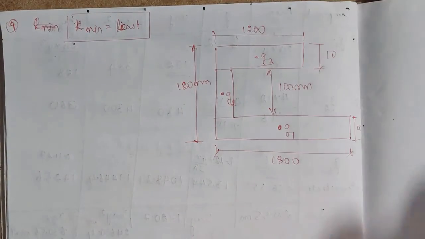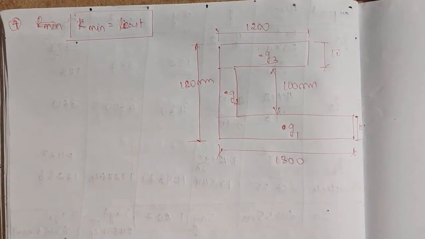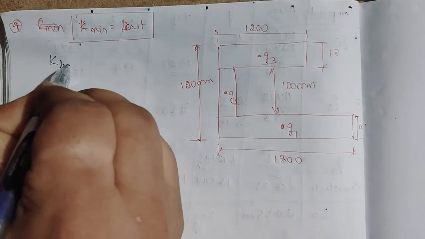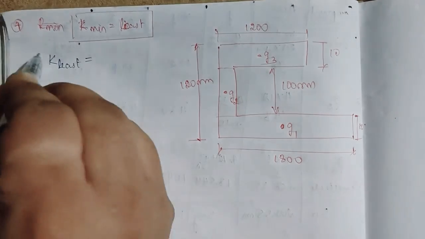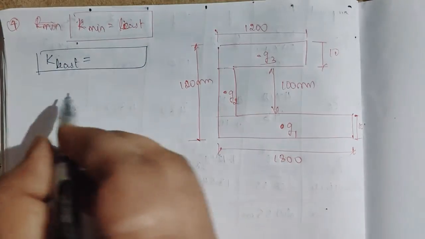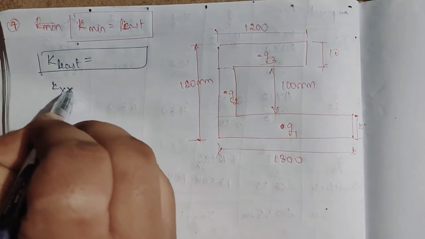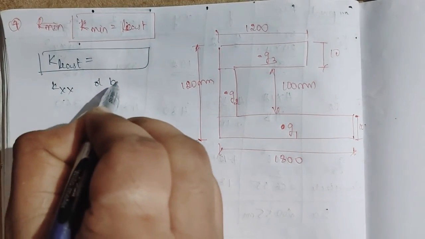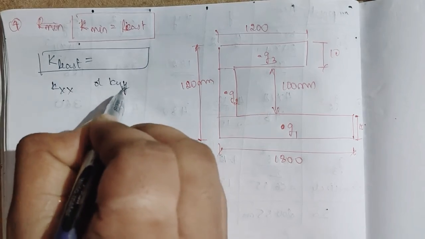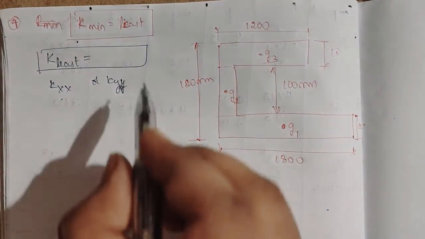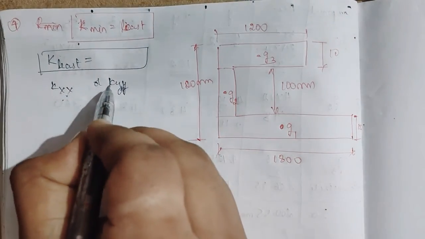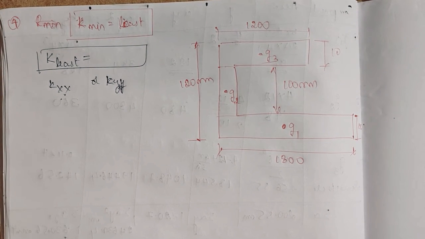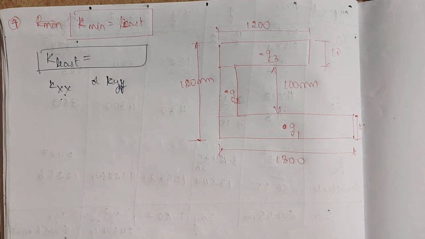What the question is asking is to calculate the least radius of gyration. We don't know whether kxx or kyy is the least value, so we have to find both kxx and kyy. After that we can tell the least value of the radius of gyration is this.